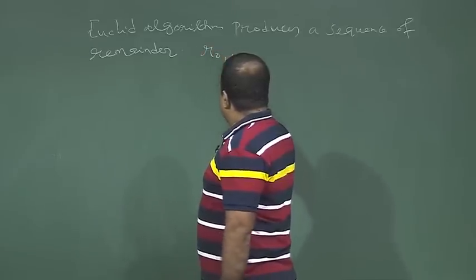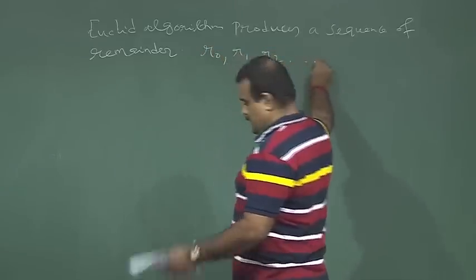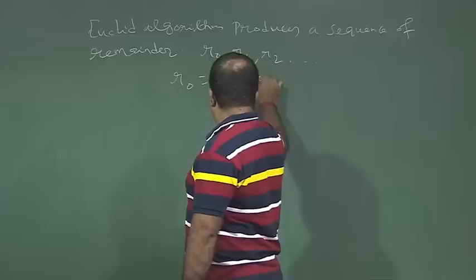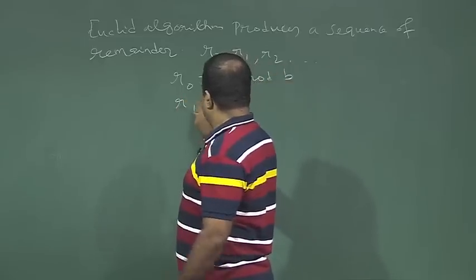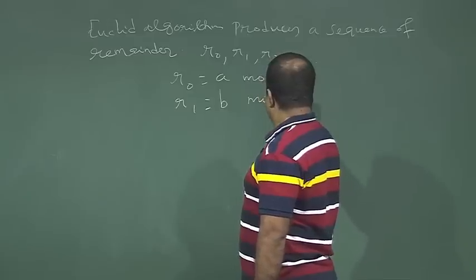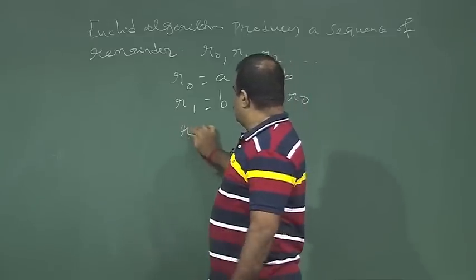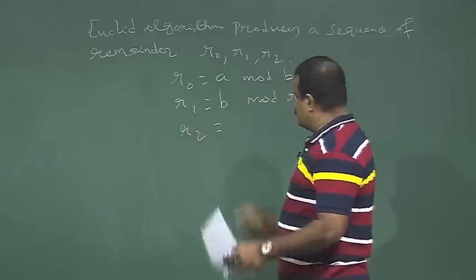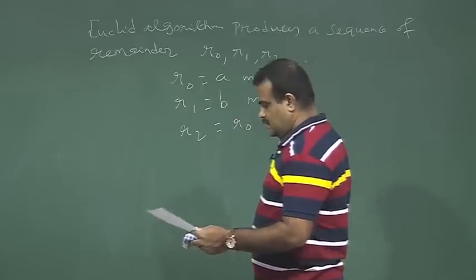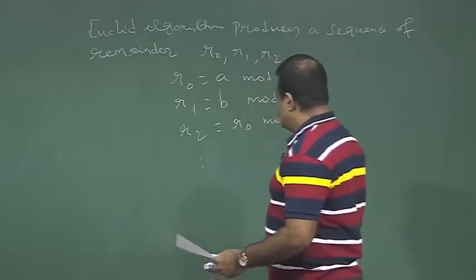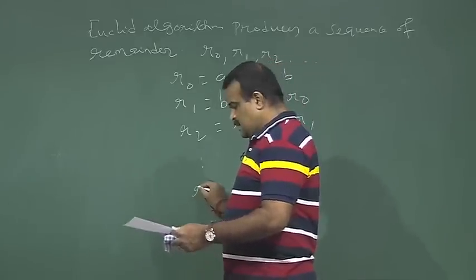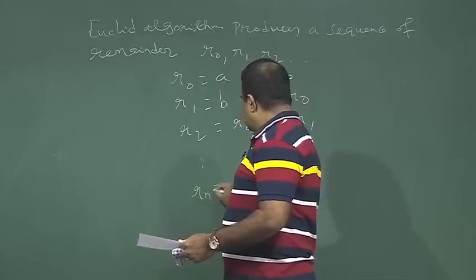Remainders R0, R1, R2 and so on, where R0 is equal to A mod B, R1 is equal to B mod R0, R2 is equal to R0 mod R1, like this. So basically we continue this until we get Rn not equal to 0.